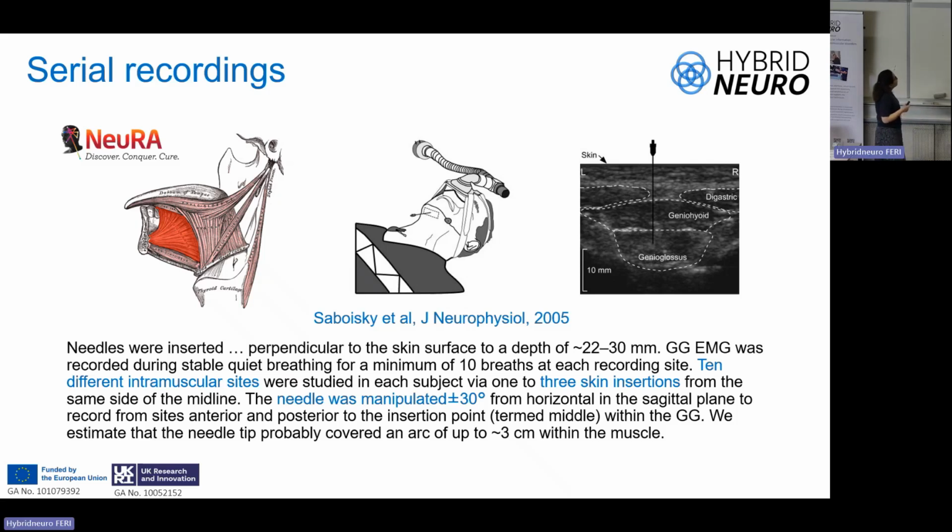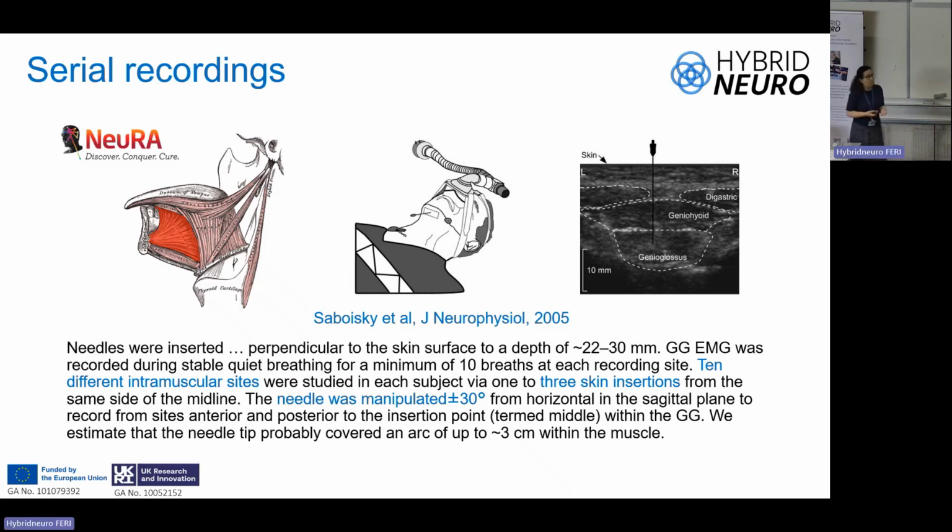In order to increase the number of units detected, they inserted the needle 3 times in each study participant. Once it's inside, they manipulated and tilted it plus or minus 30 degrees to change the position and detect the activity of more units.